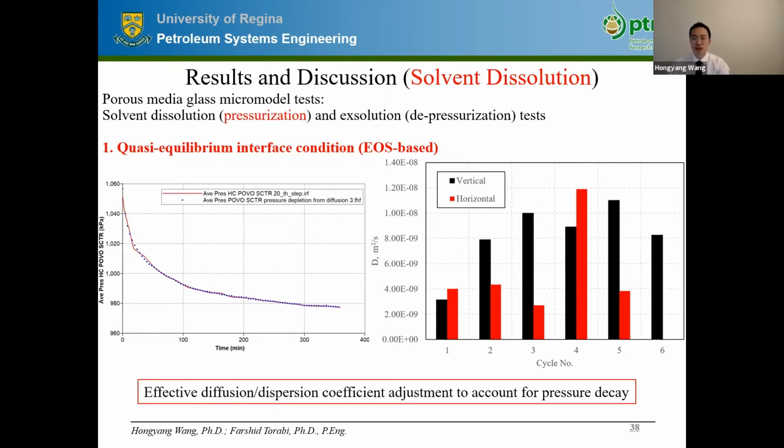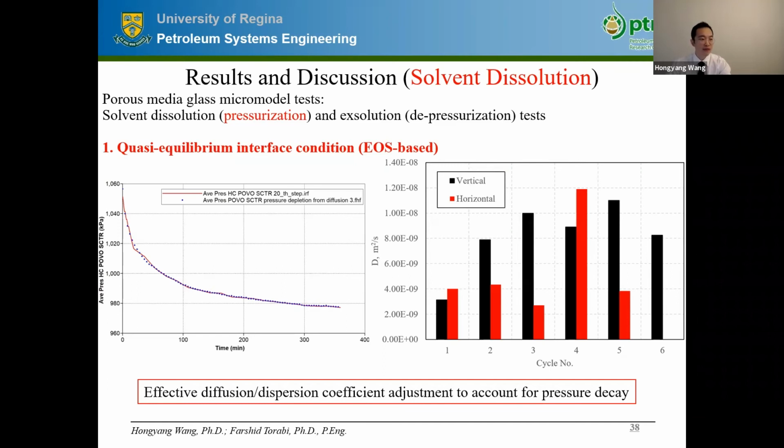First, with a quasi-equilibrium interface condition, which is an EOS-based method, the effective diffusion or dispersion coefficient adjustment is the main parameter we adjust to account for pressure decay.